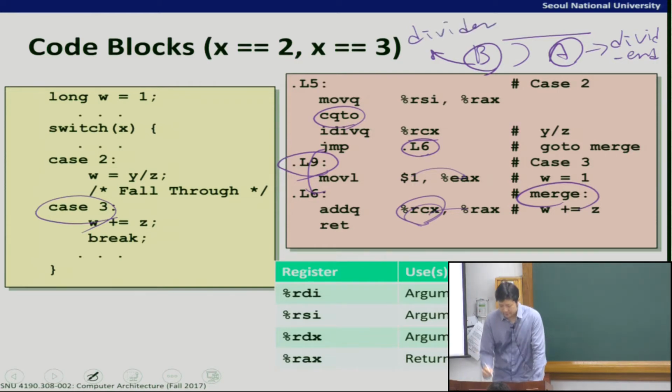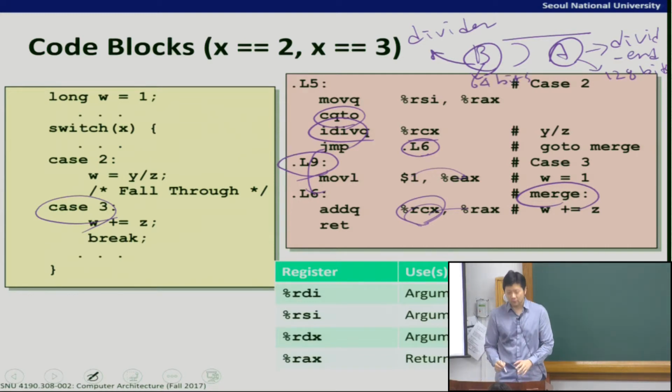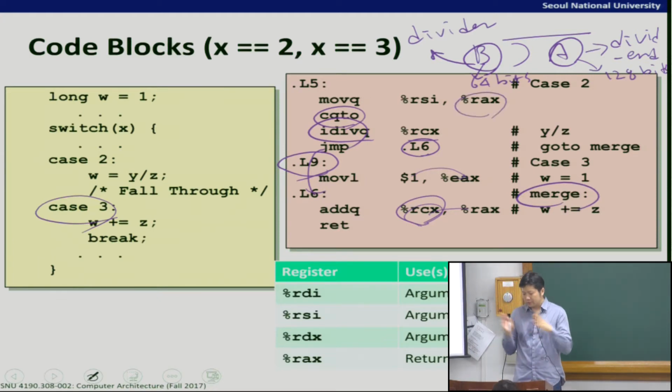In Intel x86, if you use the IDIV instruction, this one must be 128 bits, and this one is 64 bits. What this CQTO instruction does is extend one of the operands to 128 bits. So how can you extend it to 128?